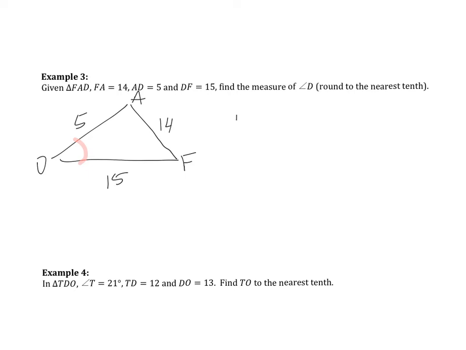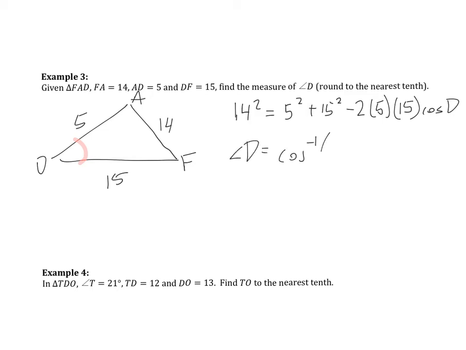So we're going to have 14 squared equals 5 squared plus 15 squared minus 2 times 5 times 15 cosine of D. Now some of you may be like, yeah, I don't need that. I can just use my pattern making skills. Angle D equals the inverse cosine of 14 squared minus 5 squared minus 15 squared, all divided by -2 times 5 times 15.